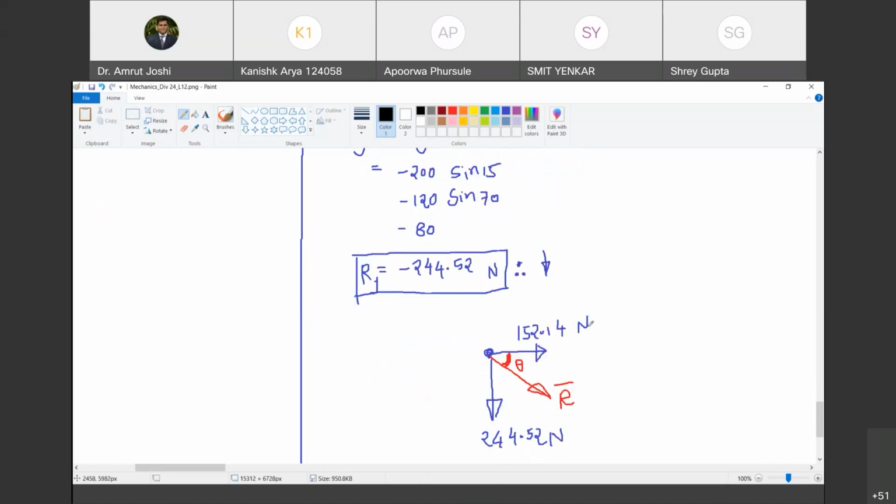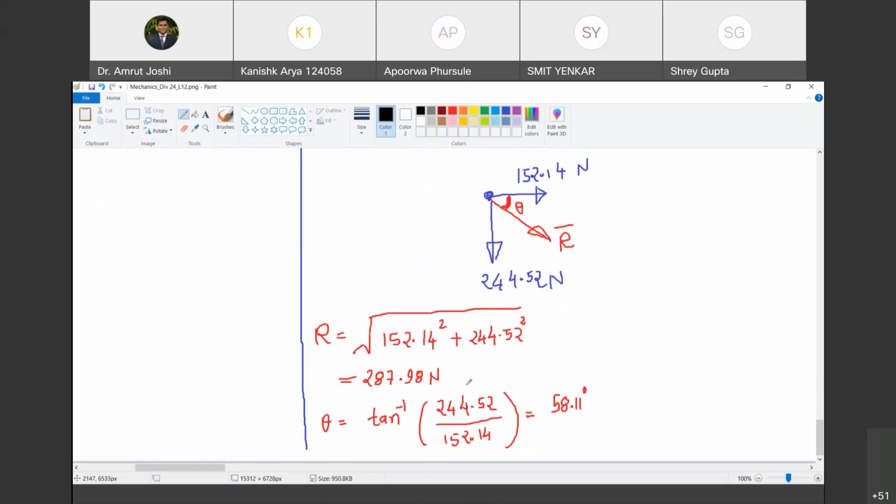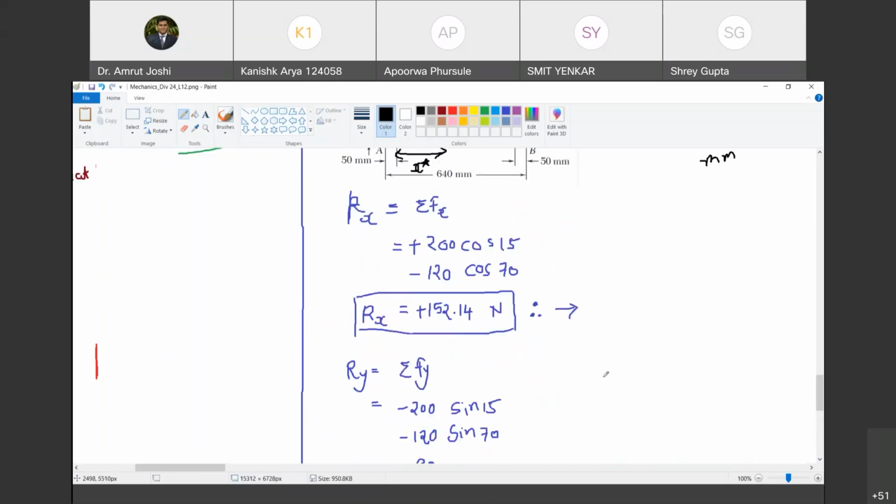Yes, sir, got it. Now square root of 152.14 square plus 244.52 square, that is 287.98. That is correct. And tan inverse of 244.52 divided by 152.14, that is also correct, 58.11 degree.